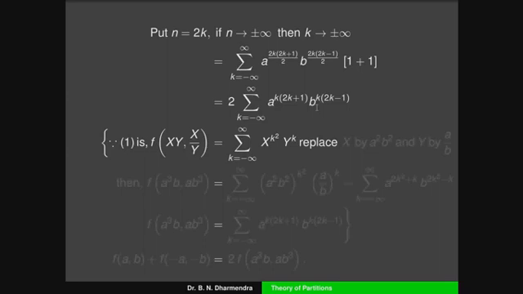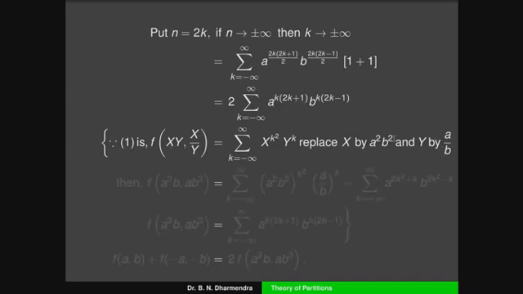We can replace x by a square b square, and y by a by b. You can observe the terms here. By using that result, equation 1, we can replace x by a square b square and y by a by b. So it can be rewritten as follows. To observe the terms, the product xy: what is the value of x here?